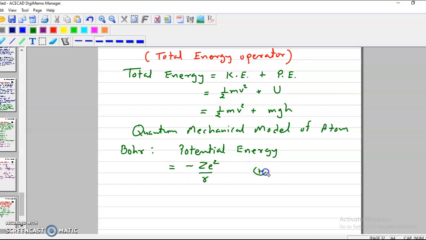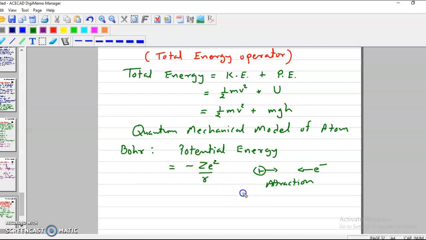So here there is a nucleus, there is an electron. If nucleus is positive, electron is negative, and there will be attraction between these two particles. So because of attraction between particles, they attract each other and therefore their energy should be taken negative. Okay, this shows attraction.